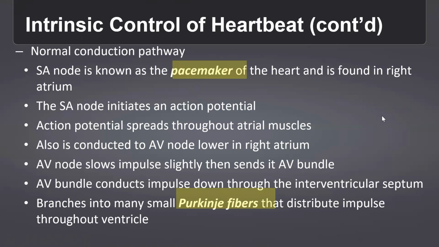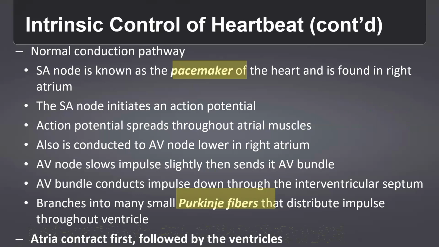All right, moving on. There's a note that there's a line at the bottom of your page. It says first the atria contract, and then it's followed by the ventricles.